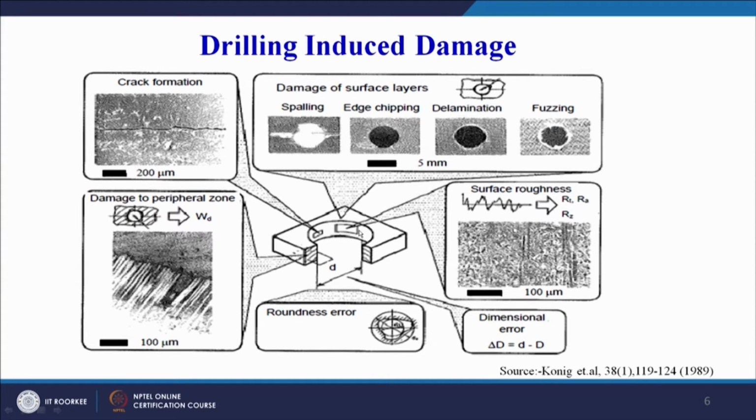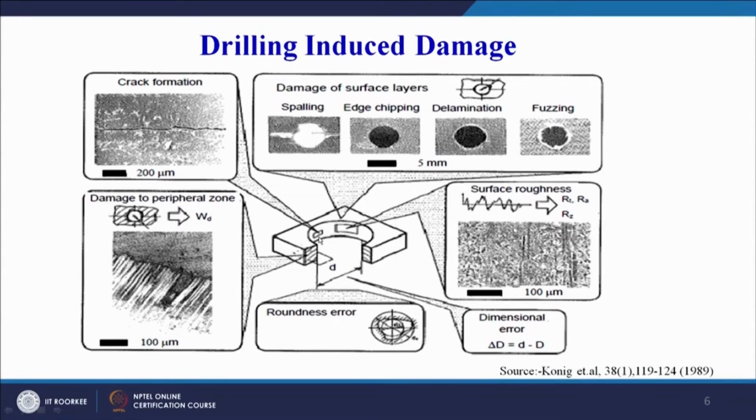So we are not getting a very smooth surface finish in case of drilling of composites. Then we can see crack formation here, in this very small section. So you can see the type of defects. We are not getting a very good surface finish, surface roughness values are high, and we get cracks also.